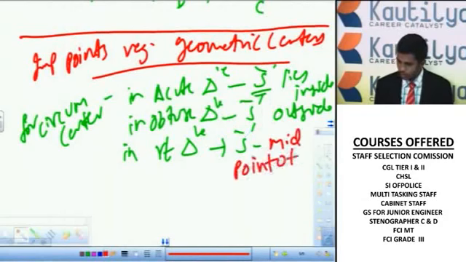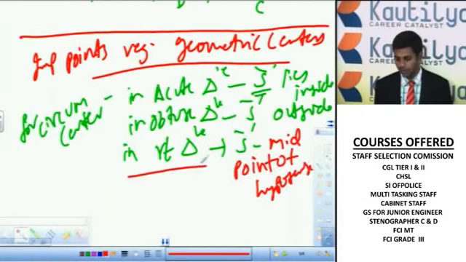This is a very important one. In a right angle triangle, the circumcenter will be lying on the midpoint of the hypotenuse.